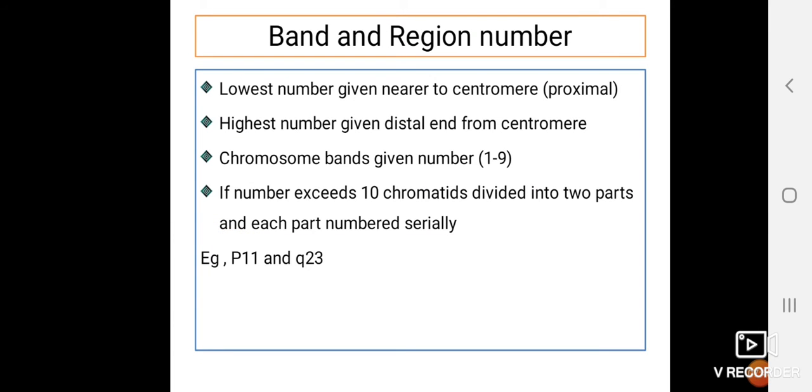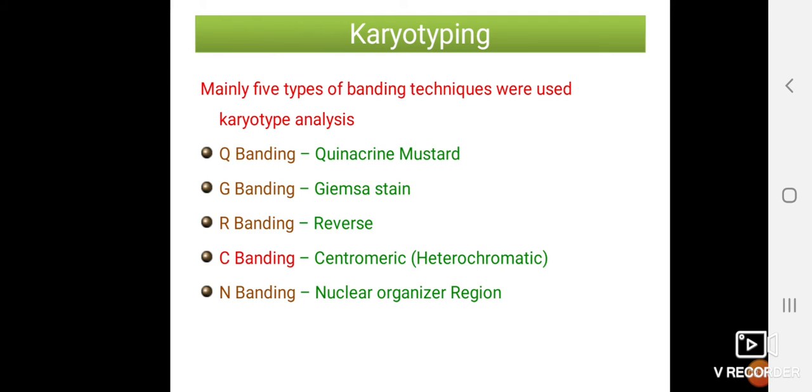So for the band and region number, the lowest number is given to the one nearest to the centromere, as I told you, and the highest to the distal one. Chromosome bands are given the numbers 1 to 9, and if the number exceeds that, they are further divided into 2 parts, and numbering is done serially. Like P11, Q23.